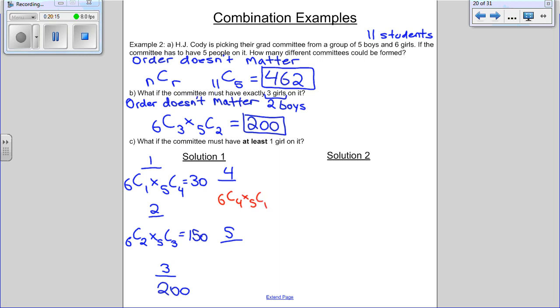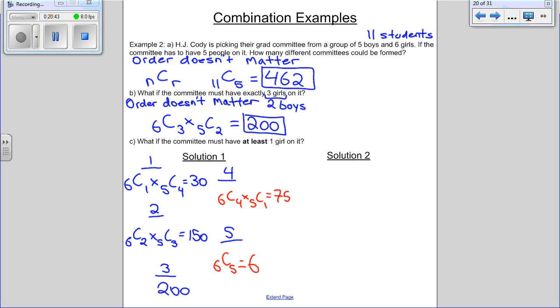So that's 75 ways. And then if you chose all 5 girls, that'd be 6 choose 5. And you didn't select any boys, so you don't even need to worry about doing the boys. There's your 5 situations that could happen with at least one girl. You've got 30, 150, 200, 75, and 6.